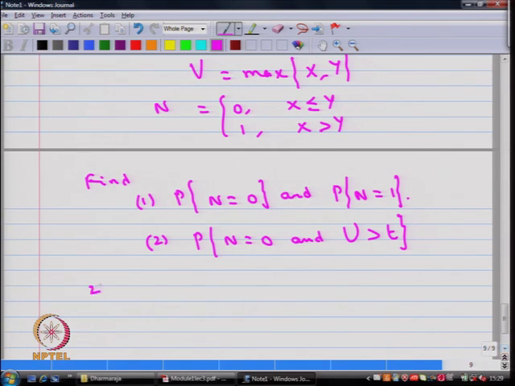Let us start with the second first. The event N equal to 0 and capital U greater than t is exactly the event t less than X less than or equal to Y.